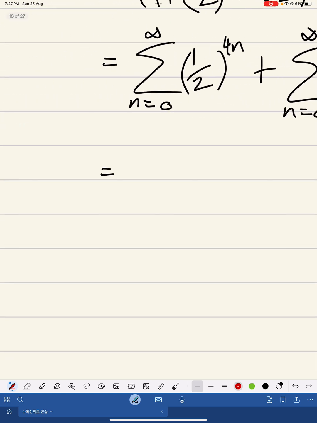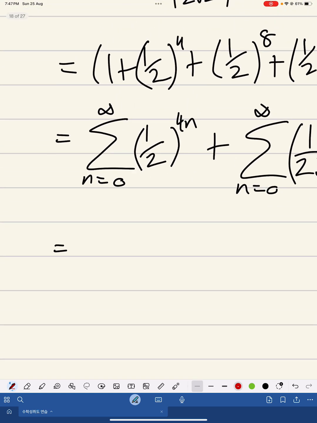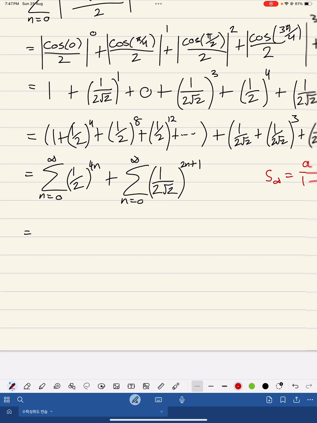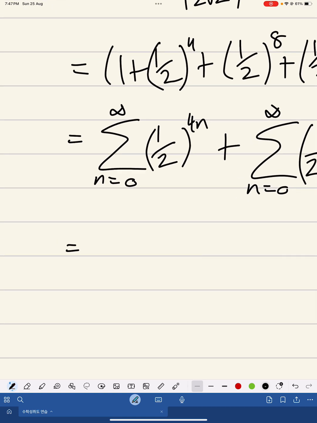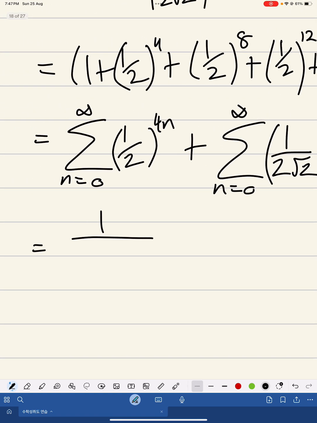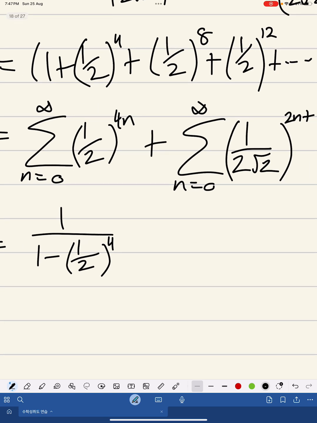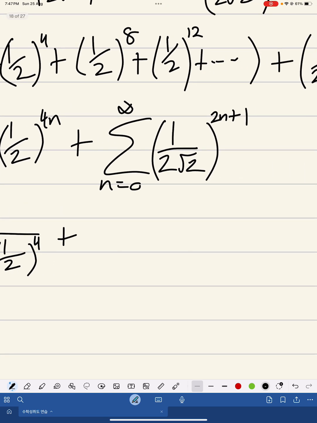So the addition of 1 plus 1 over 2 to the 4 plus 1 over 2 to the 8, the sum to infinity would be 1, which is the first term, over 1 minus whatever the r value is, which is 1 over 2 to the 4, right?